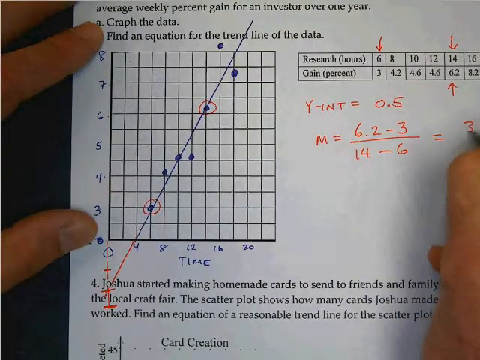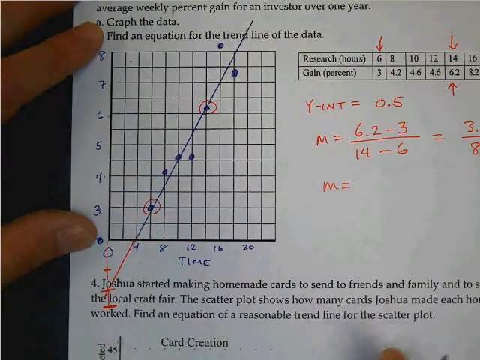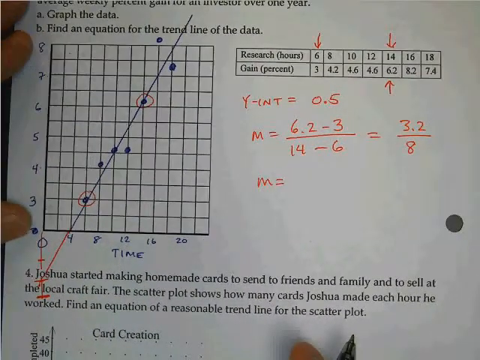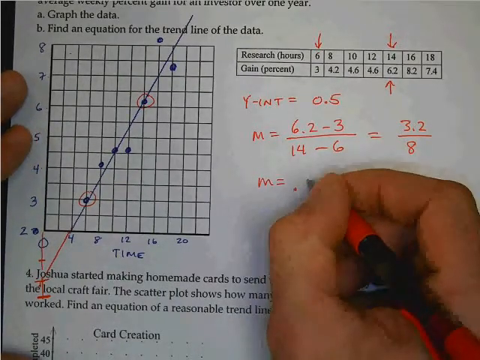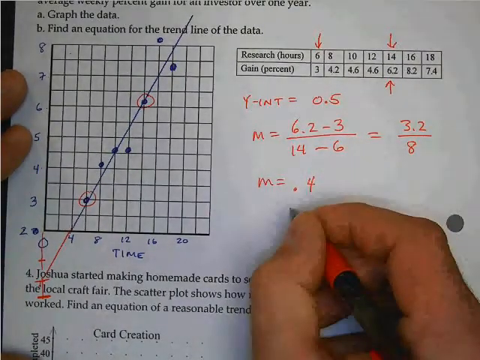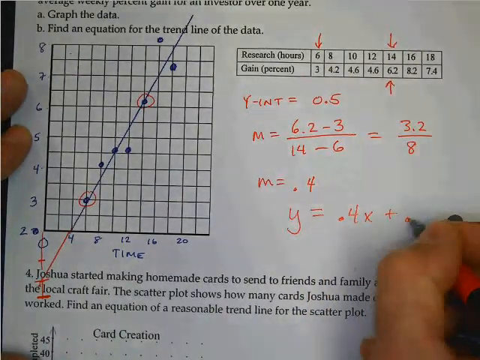So someone divide 3.2 by 8 for me and tell me what you get as a decimal. 0.4. So my equation is y equals 0.4x plus 0.5.